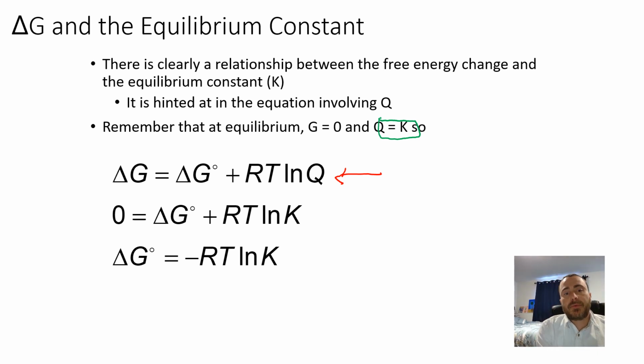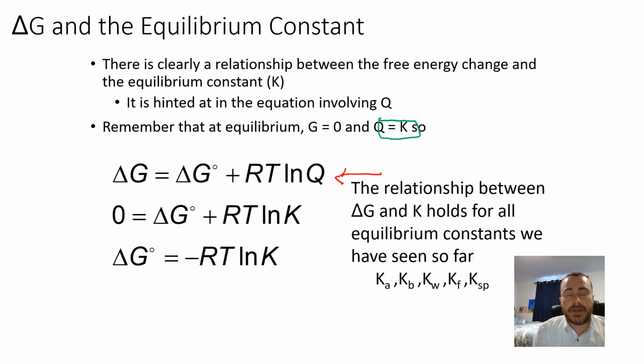And earlier in this chapter we learned that if our Gibbs free energy is 0, then we're at equilibria. Because if it's negative, then we're spontaneous. If it's positive, we're non-spontaneous. So in between those, we've got to be at 0. That is when we are at equilibria.